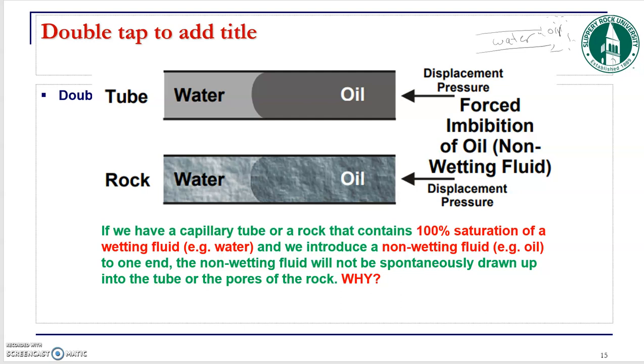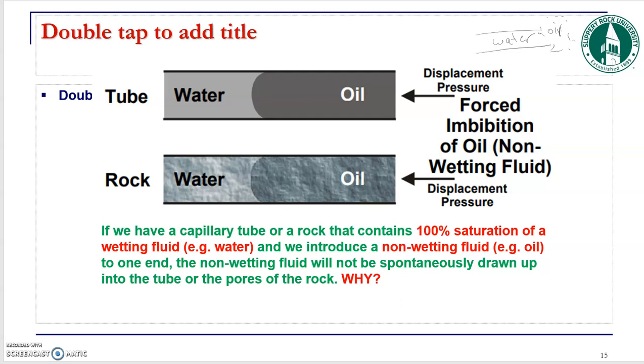In this case it's called forced imbibition, and you want to displace the wetting phase by pushing the oil into the water. How much force do you need? Well, that's the question that we have, right?